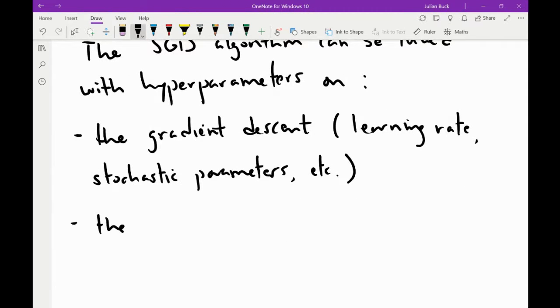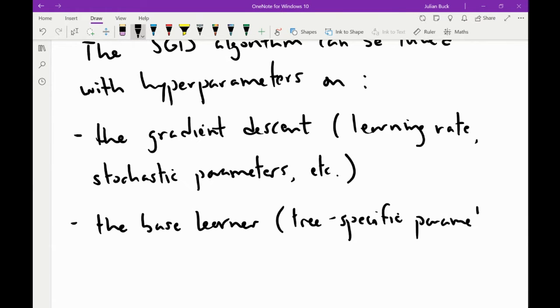And on the base learner. So in particular, tree-specific hyperparameters, etc. If you have some other base learner, there might be some other ones, but we're going to focus on the tree case.